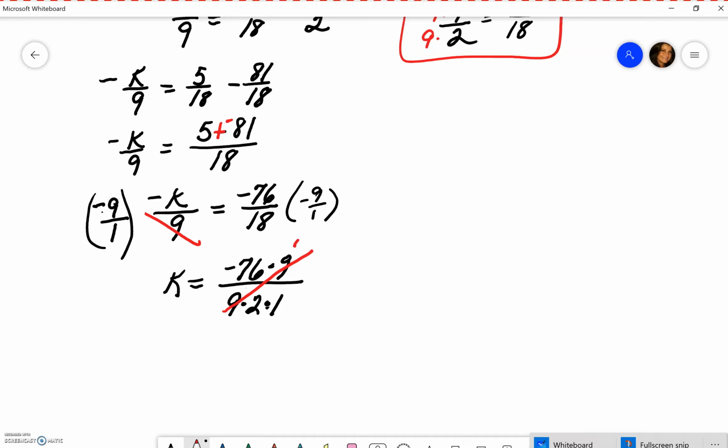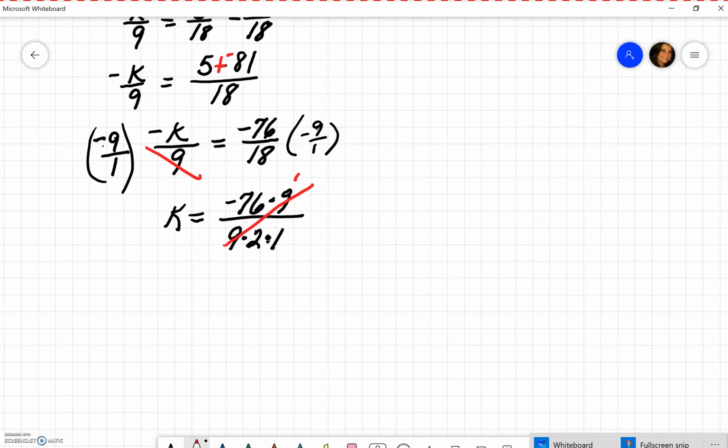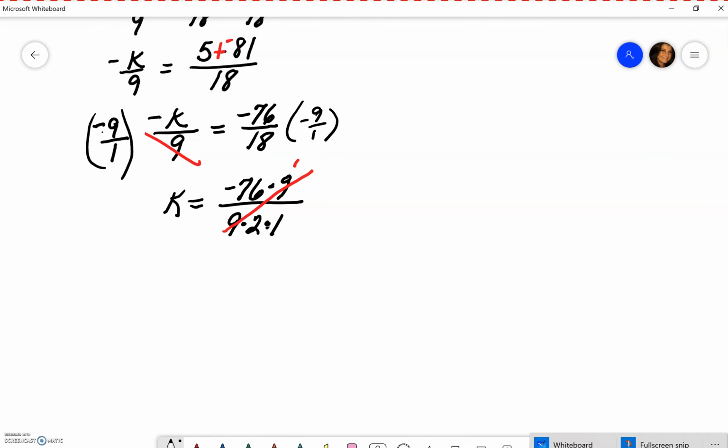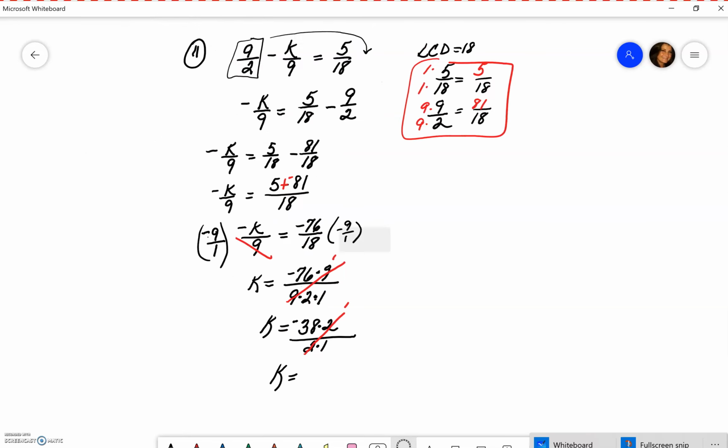Now let me just scroll this up, because we're going to do some reducing. Now we have k equals negative 76, but if I have a 2 on the bottom, I know 76, 38, and don't forget the negative sign, times 2 gives me 76, all over 2 times 1. I know these divide out to 1, so you can see here my final answer is k equals negative 38.